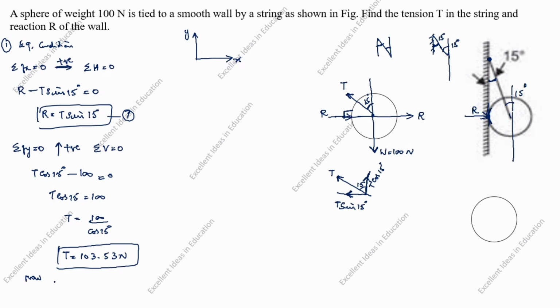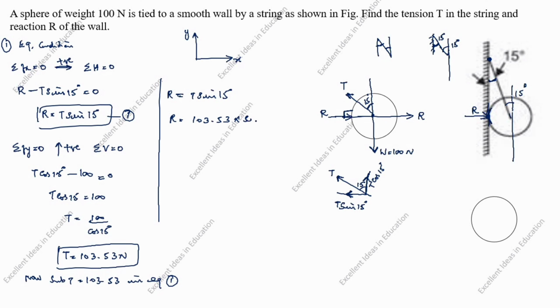Now substitute T is equal to 103.53 in equation 1. So the equation 1 is R is equal to T sine 15 degree. R is equal to T, that is 103.53 into sine 15 degree.